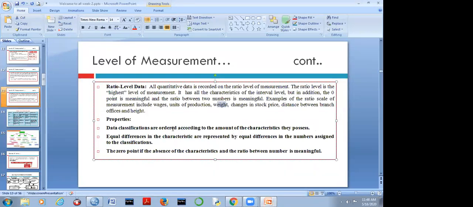ठीक है, क्लासिफिकेशन है ऑर्डर फॉर्म में, ऑर्डरली अकॉर्डिंग टू द ऑर्डर. Equal difference in the characteristics are represented by equal difference in the number assigned to the classification. डिफरेंस जो भी क्लासिफिकेशन आप डिफाइन करोगे उनके बीच में एक इक्वल डिफरेंस है. और सबसे इंपॉर्टेंट चीज जो ये है, the 0 point is if the characteristic and the ratio between numbers is meaningful. 0 भी एक कैरेक्टर है और देयर रेशियो बिटवीन टू नंबर्स इज आल्सो meaningful.